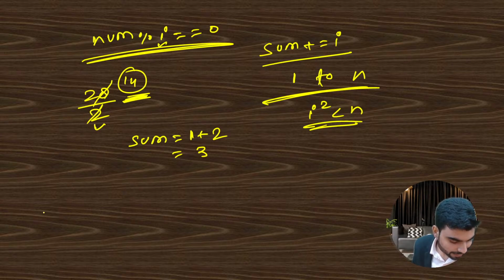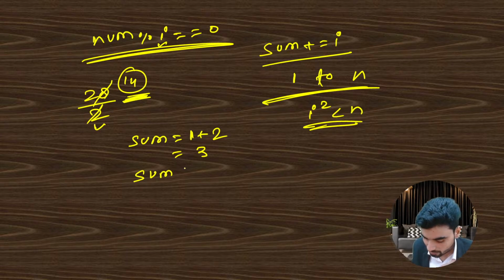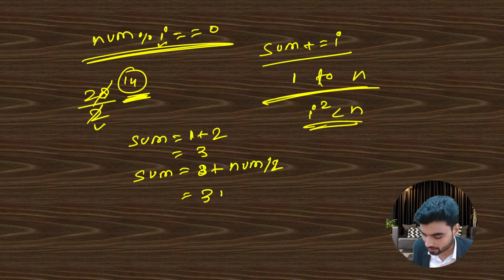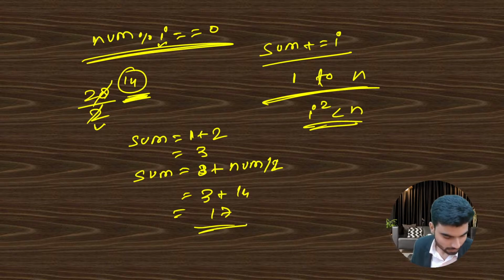Okay, you're getting this? So now parallelly we can add sum equals the previous sum value, which is 3, plus num divided by I, and I is 2, which means we'll get 3 plus num, which is 28, divided by 2, which becomes 14, 17.